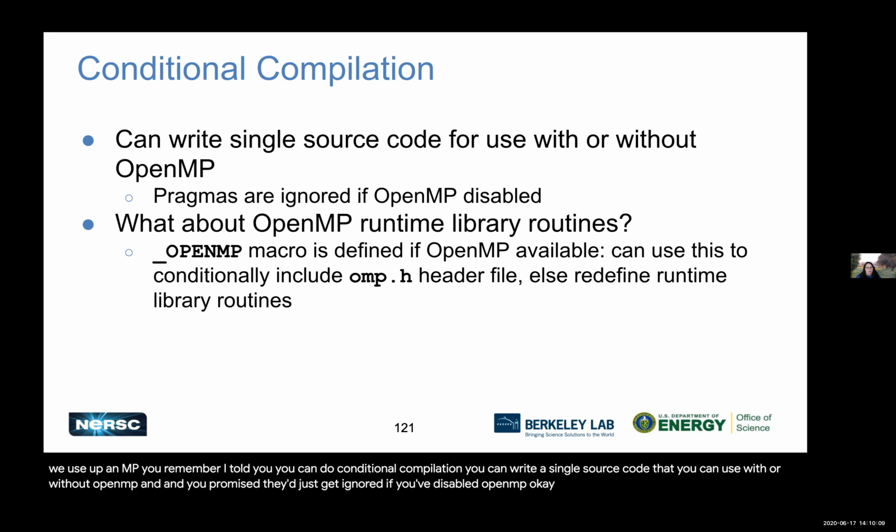Okay, but what about these OpenMP runtime library routines? Well, there's a little macro called _OPENMP, and it's defined if OpenMP is available. So you can just use that to conditionally include omp.h and to redefine runtime library routines if omp.h is not included.